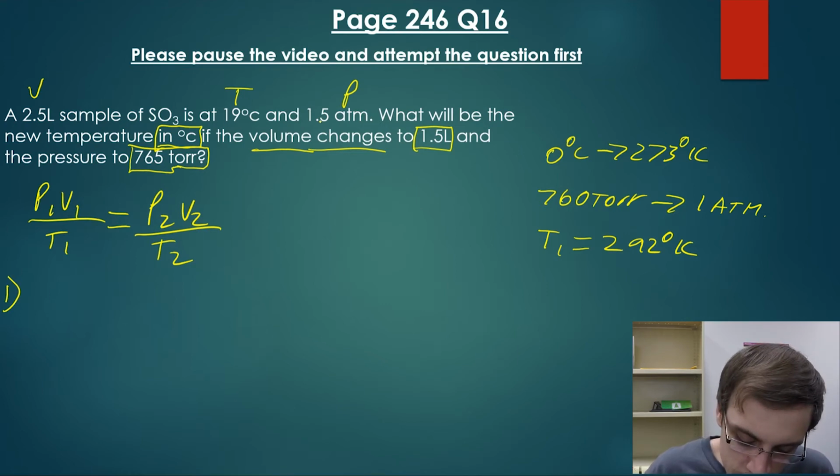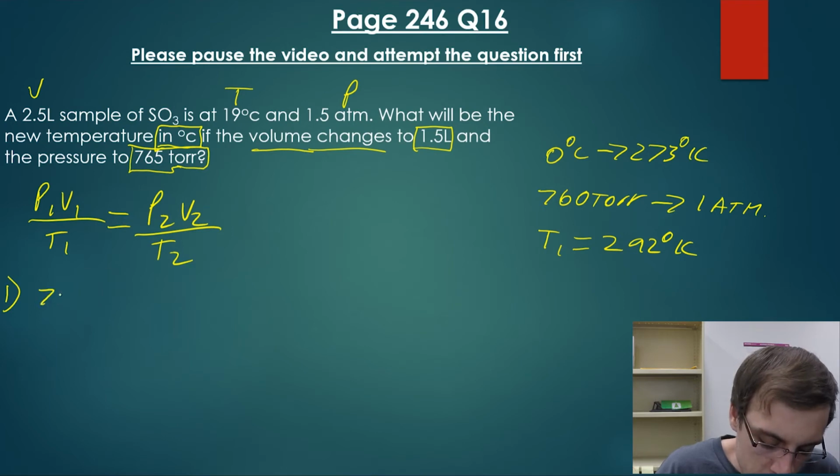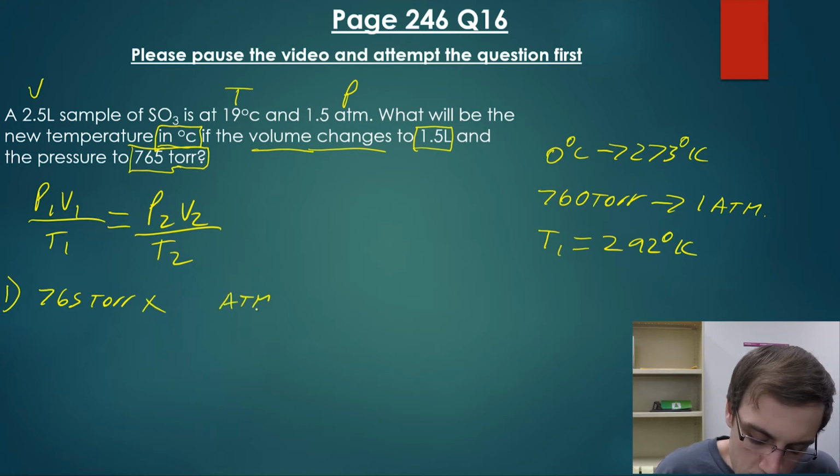The next thing I'm going to do is look at my new pressure here. 760 torr is equal to 1 atmosphere. So I'm going to go given, which is 765 torr times desired atmospheres over given torr. So 1 atmosphere, 760 torr.